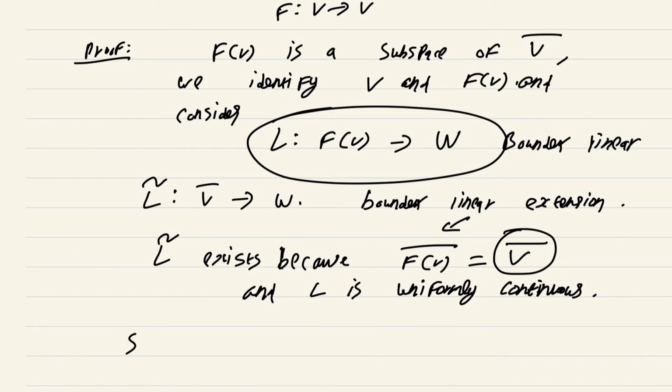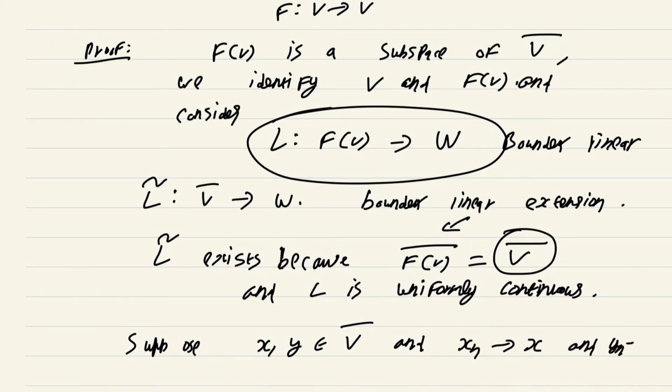So suppose x, y are elements of V bar, and xn converges to x and yn converges to y, where xn and yn are coming from V, which I am identifying with f of V tacitly.